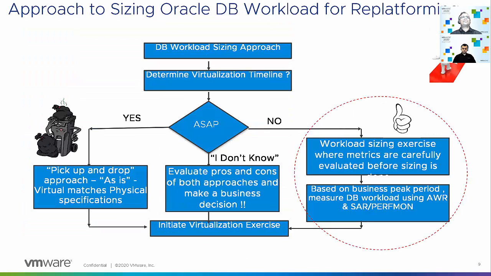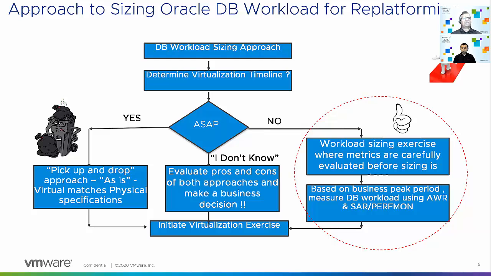All right. So this is essentially the recommended approach to sizing Oracle database workloads for replatforming, right? So let's say we have decided to virtualize our Oracle database workloads, right? And at some point of time, the virtualization timeline, that's a very important factor here, right? And then once we ask the business, and the business comes back to us and says, yes, we need to virtualize ASAP, which is the fourth on the left here, right?